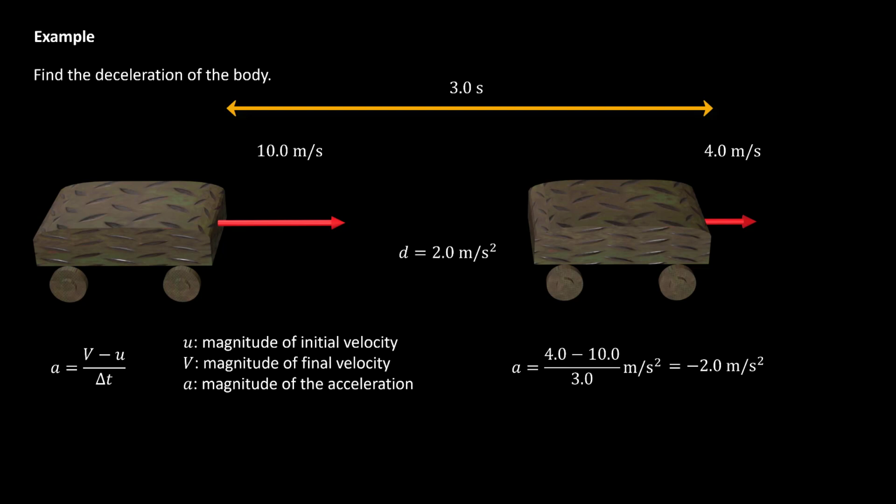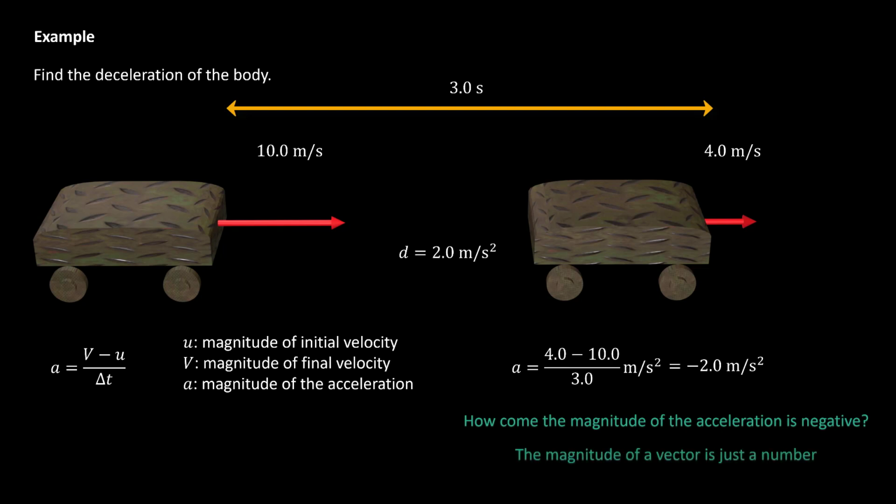But let me ask you one question. How come the magnitude of the acceleration is negative? The magnitude of a vector is defined to be just a number. So interpreting a, v, and u as magnitudes of the vector quantities is wrong.